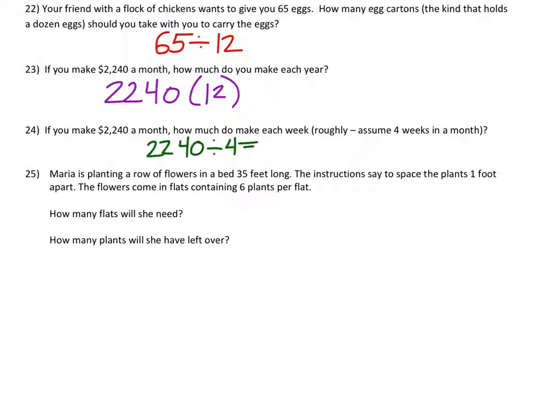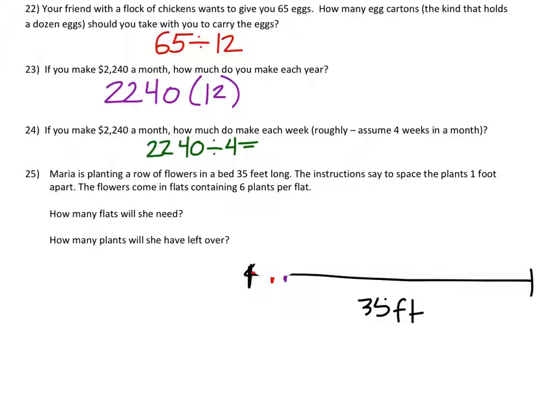Yeah. So let's look at this. So we got 35 feet. Let's say that this is 35 feet here. And if I have a plant right here, then I've got to have a 1 foot space right here, right? Now if I got 6 plants per flat, all right, I overcomplicated that. I apologize.